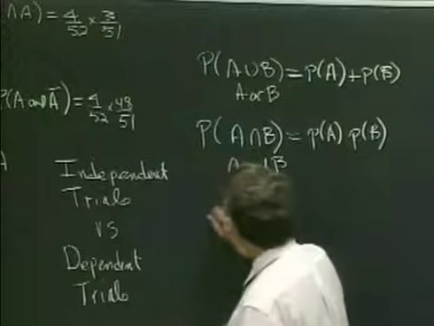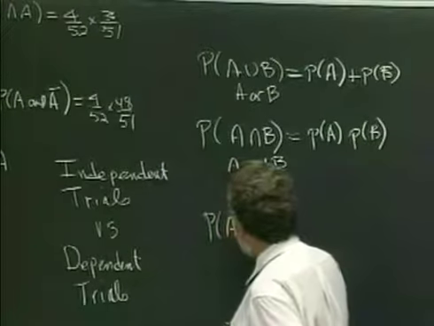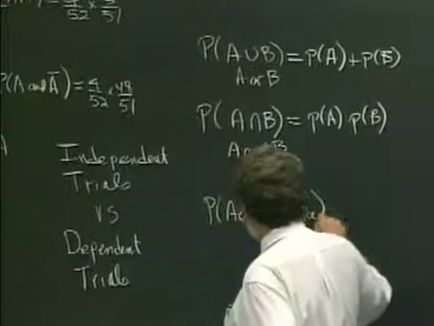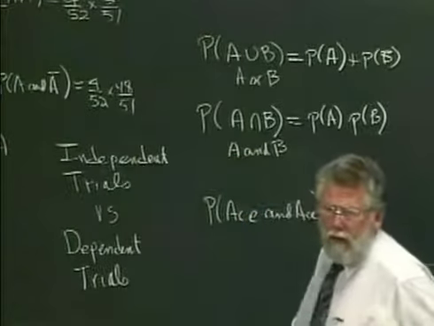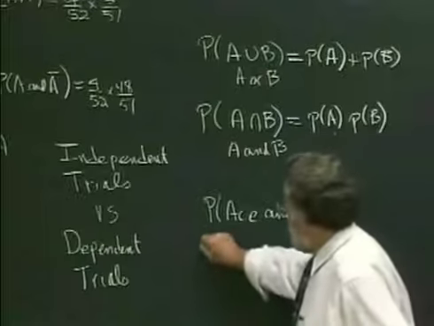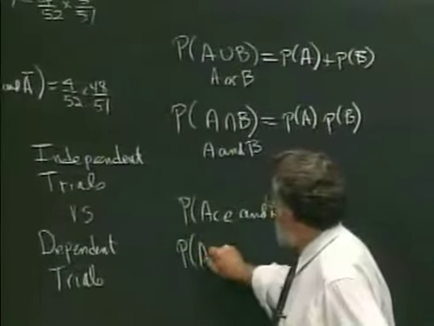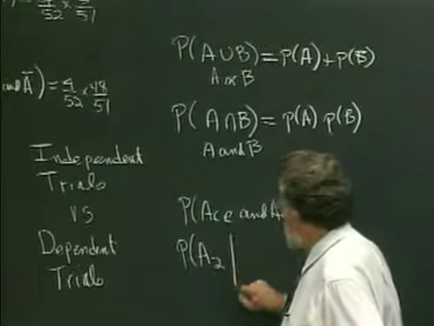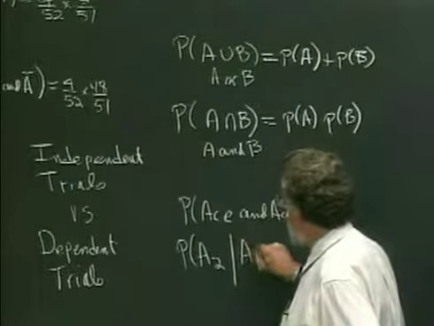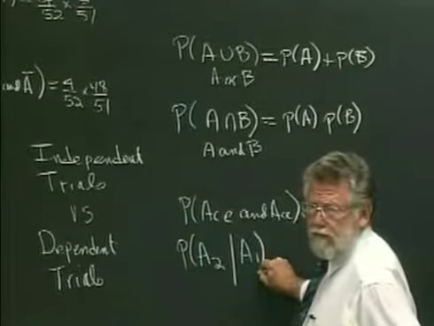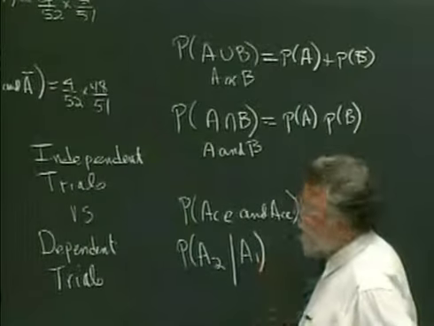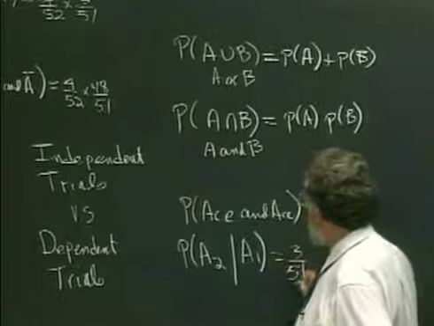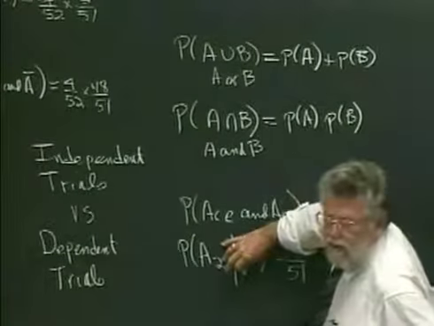So when I looked at this probability of ace and ace, I could have been a little better at writing that and could have said the probability of an ace on the second draw given an ace on the first draw. When I argued that this was 3 over 51 instead of just saying the probability of ace 2.